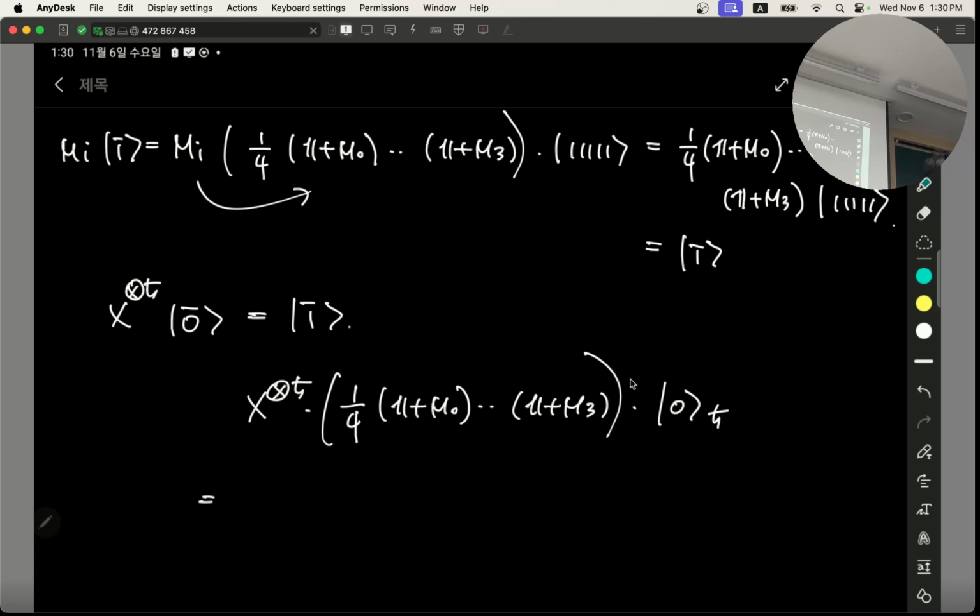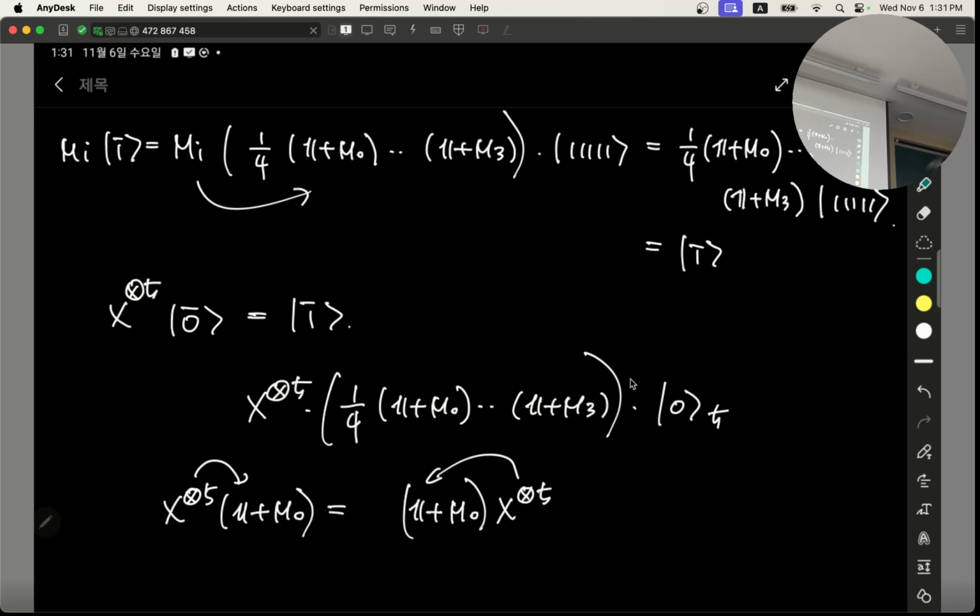I want to interchange the order of my five X gates with the rest of the gates. Let's do it one by one. If I take the 5 X's here and 1 plus m0, I want to interchange the order of multiplication like this. When I apply it to 1, the identity gate, that's the same thing.